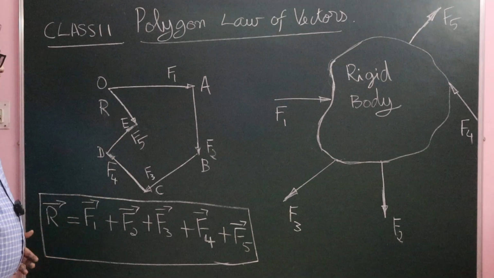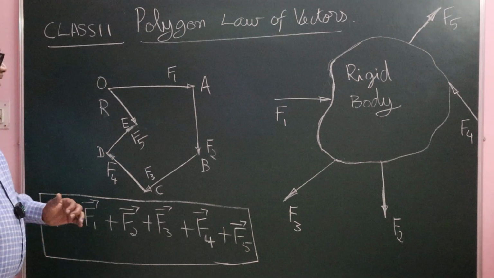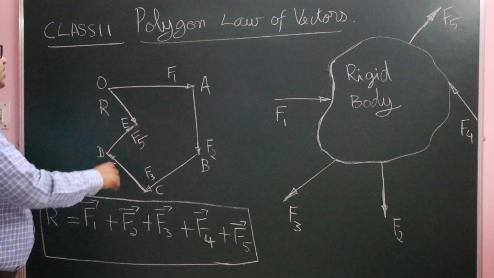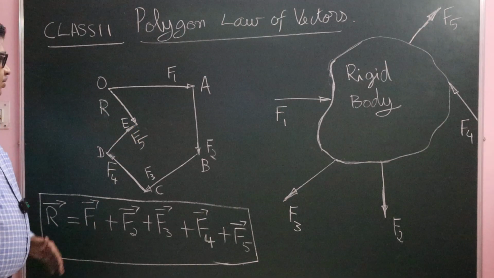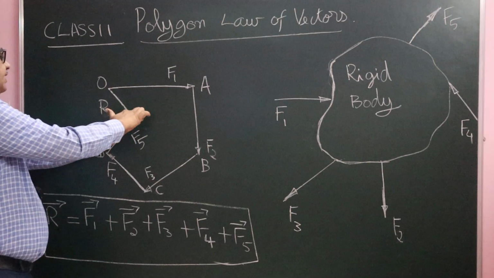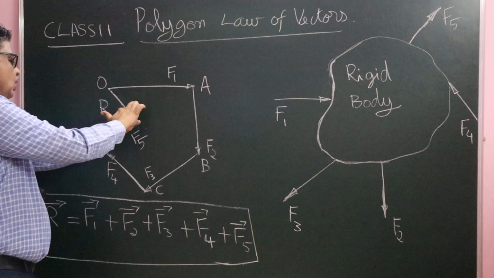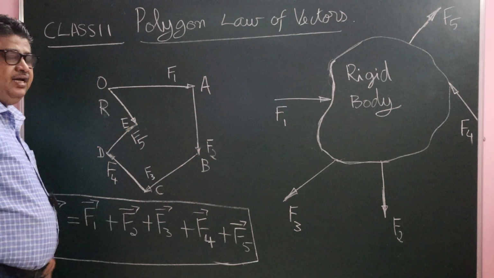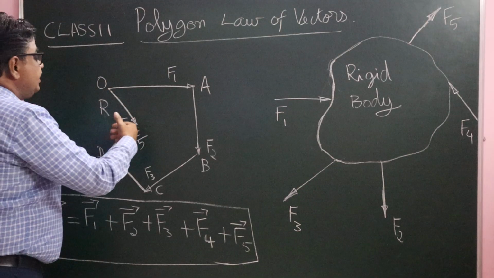Now the resultant force is R. This resultant force R is the closing side of the polygon. So here up to this 5 forces are formed and this is the closing side. So the resultant force is acting along the closing side of the polygon, taken in the opposite direction.